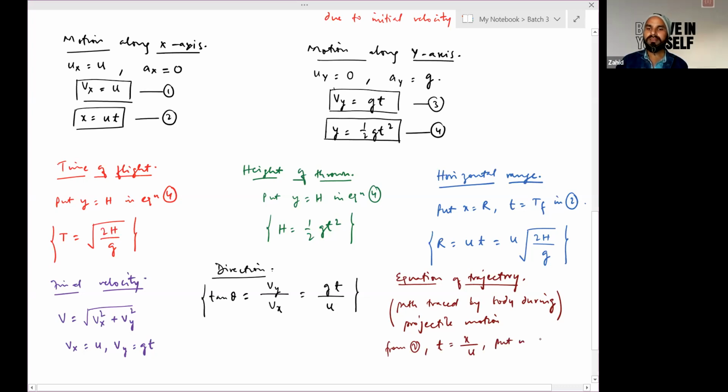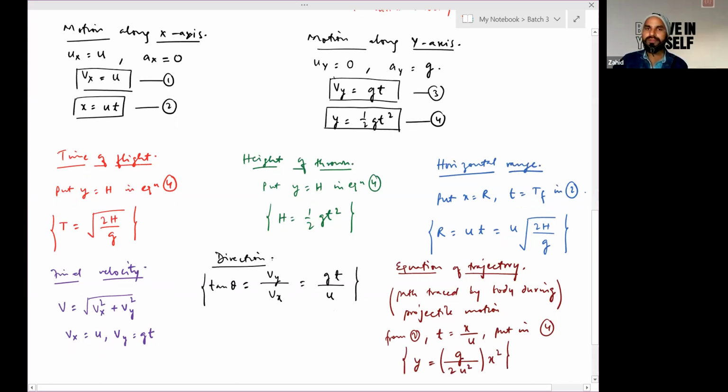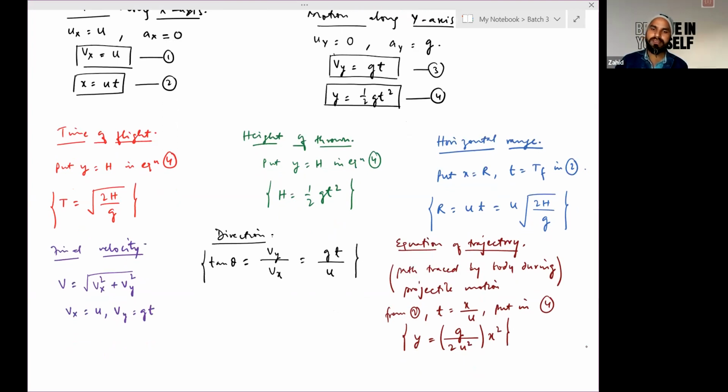Put this term in equation 4. You will get y equals g divided by 2 u squared times x squared. So this is a relation between x and y, which will define the path of the projectile at any instant. This equation is termed as the equation of trajectory.